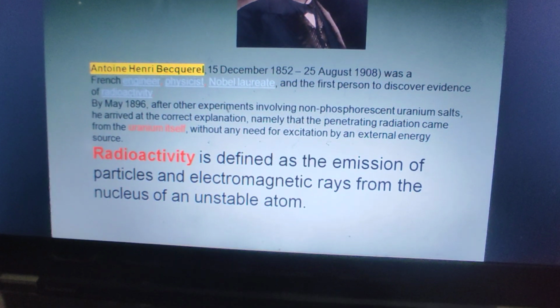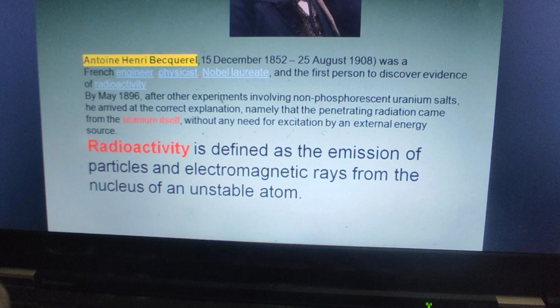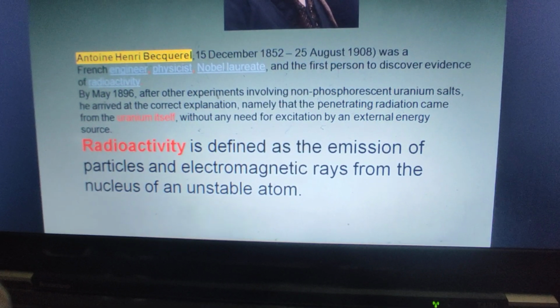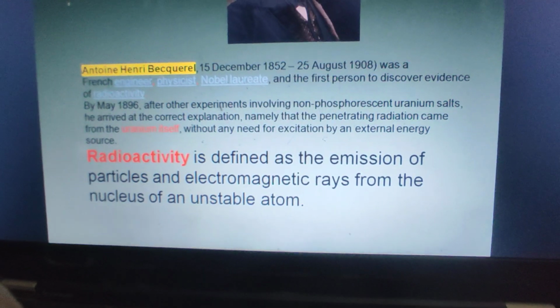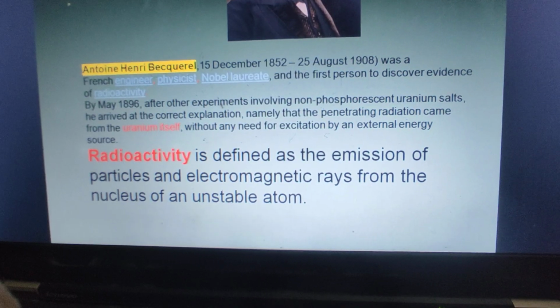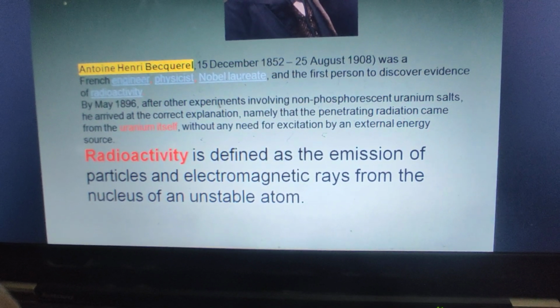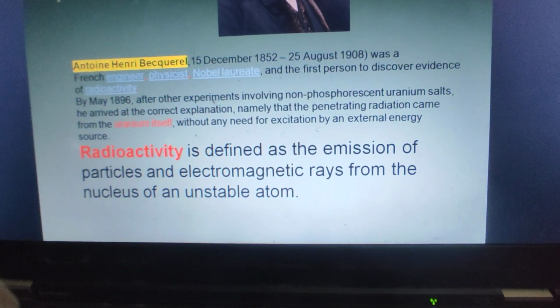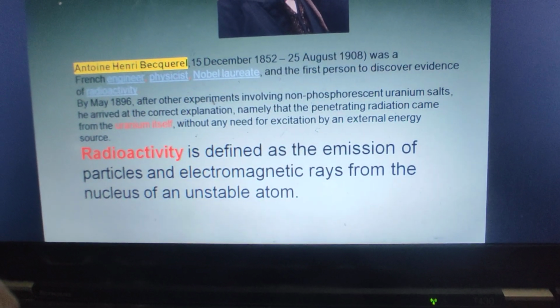The important phenomenon we are going to discuss in nuclear chemistry is radioactivity. Antoine Henri Becquerel, a French Nobel laureate, discovered the evidence of radioactivity.